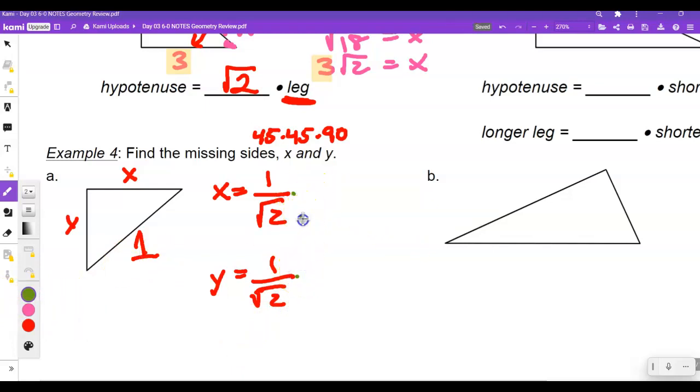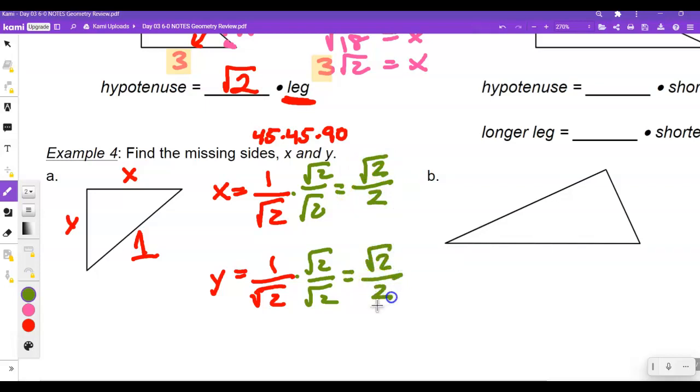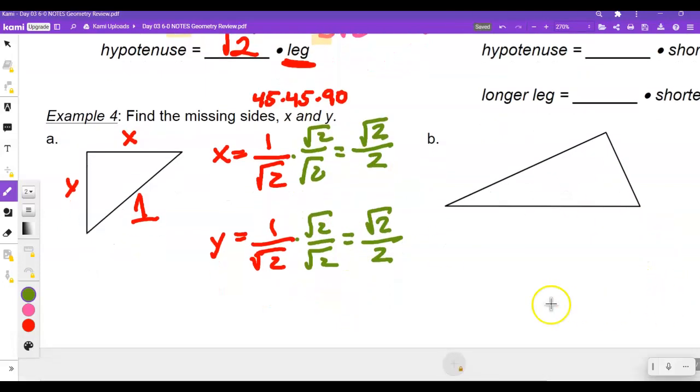No, we need to rationalize this. Multiply top and bottom by root 2. So my x and y are root 2 over 2, or half of root 2, if you want to look at it that way. And here's where this all comes together.